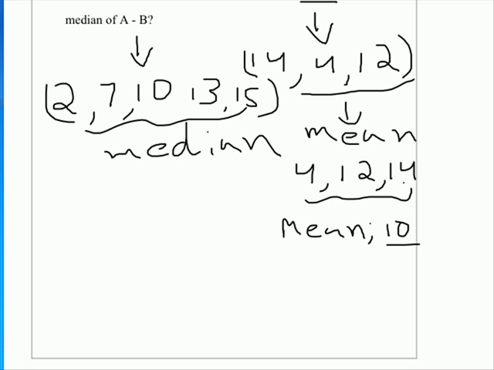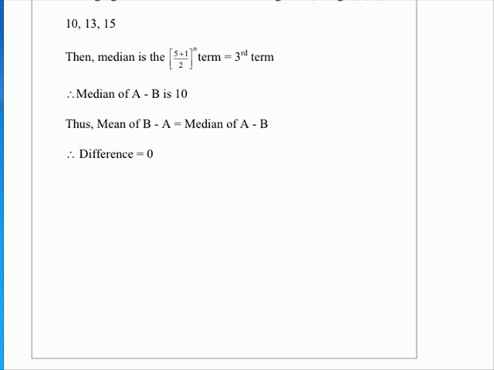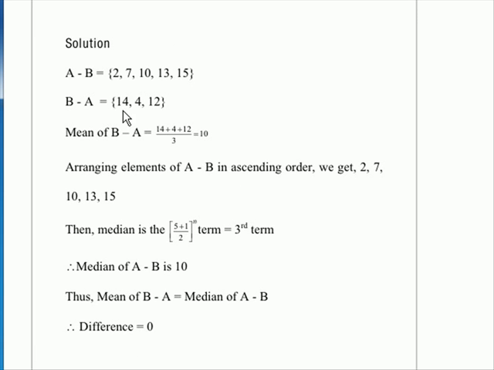And let's look at the other set now. The median is the middle value, and you can clearly see it's already in ascending order, so the median is 10 as well. So the difference between 10 and 10 is 0, so the answer should be 0. Let's have a quick look at the formal explanation of the answer. So you get the mean as 10, and the median as 10, and the difference is 0.